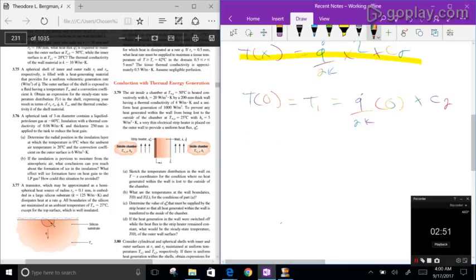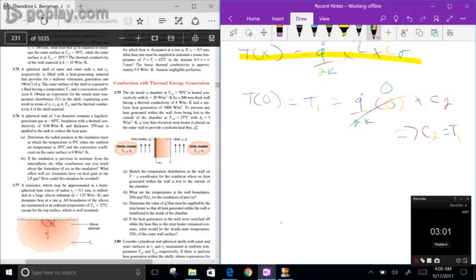This implies that C2 is equal to T1, because this right here becomes 0. So our new and final equation for the boundary conditions becomes q dot over 2k x squared plus T1.